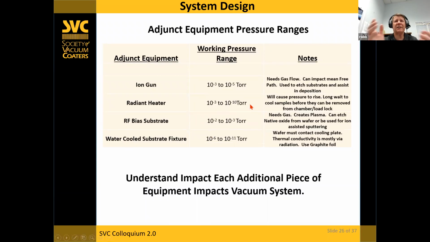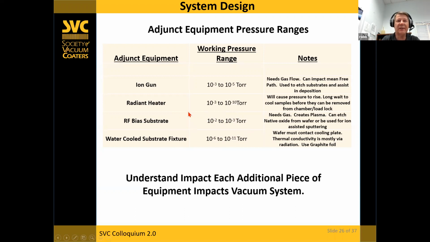Also, some of the adjunct equipment that you would put on a vacuum system, like an ion gun or radiant heaters or RF substrate bias, a water-cooled substrate fixture, a lot of the adjunct equipment will have pressure ranges which we consider optimum for them to work at, and there's reasons for that, because they might require special water seals or special electrical feed-throughs or something of that nature.